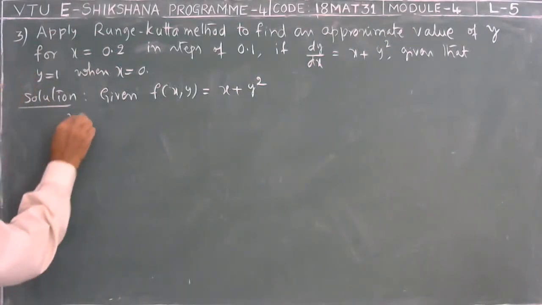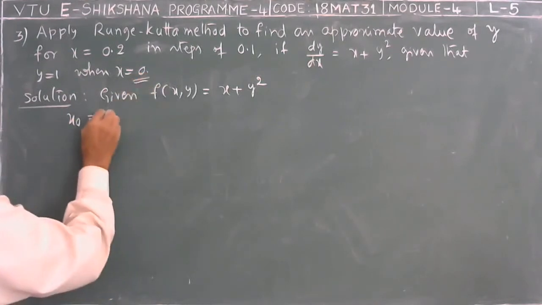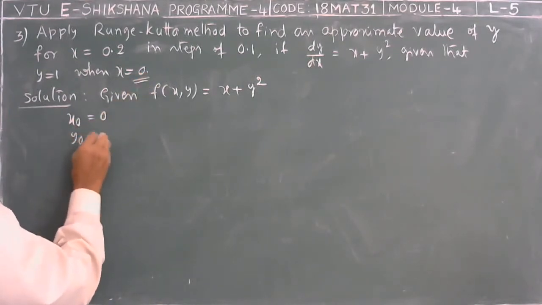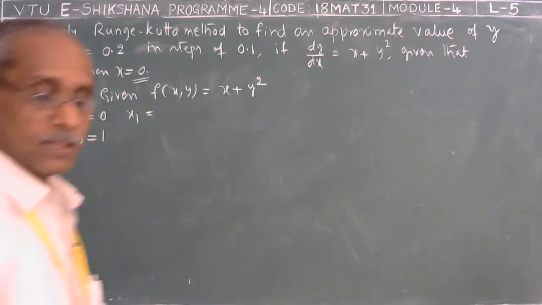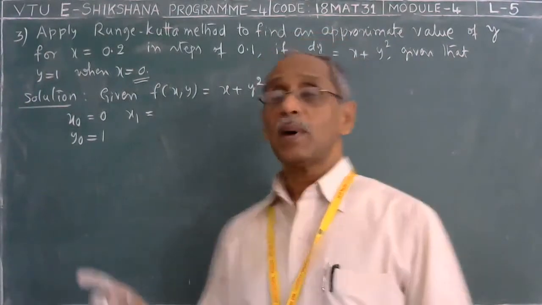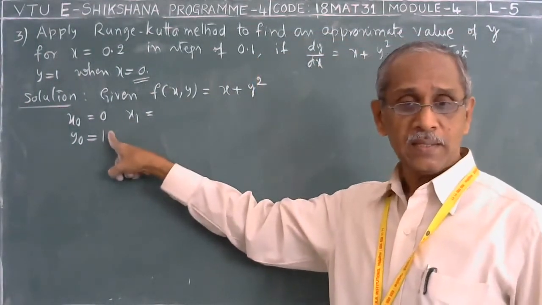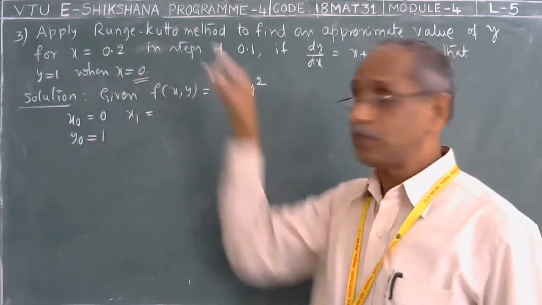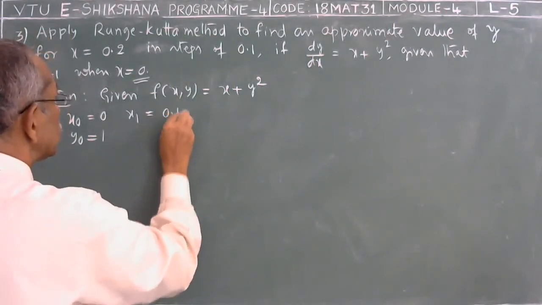Then x naught is given to be 0, the initial condition, and the corresponding y naught is given to be 1. The next value of x, that is x1, is obtained by adding 0.1 to 0, and keep adding 0.1 to the previous values of x till you get 0.2. So x1 is 0 plus 0.1, so it is 0.1.